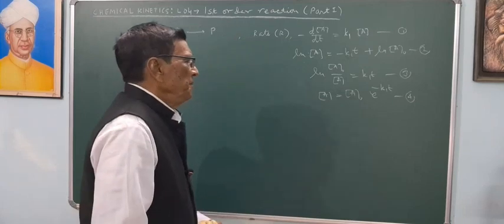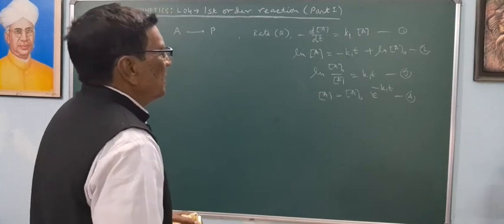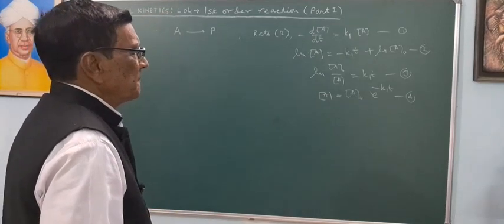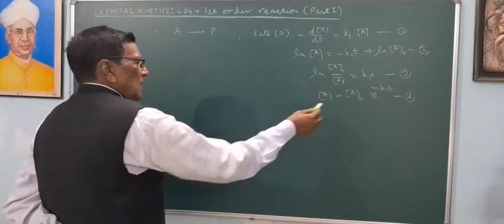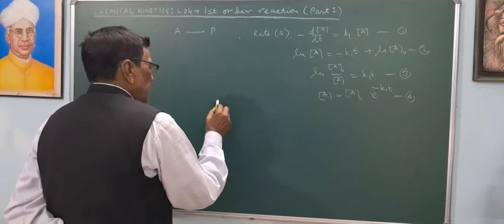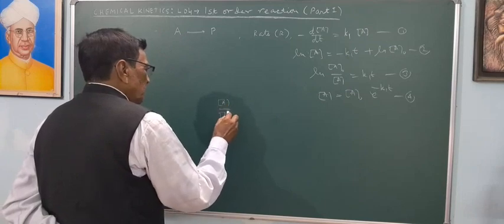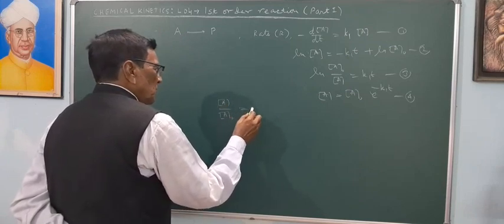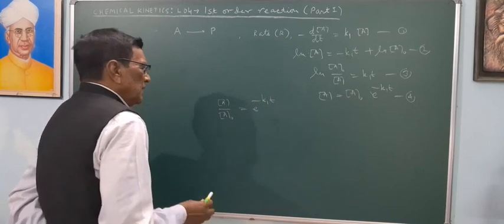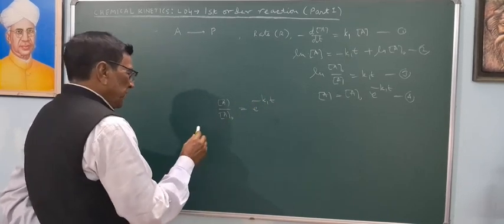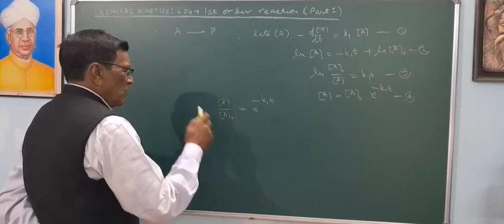And equation 5 we can write, say, concentration of A divided by concentration of A naught equal to e to the power minus K1T. Now make a negative sign, subtract from 1.